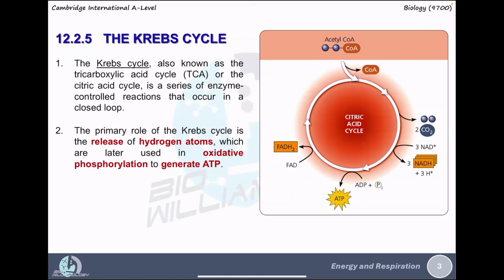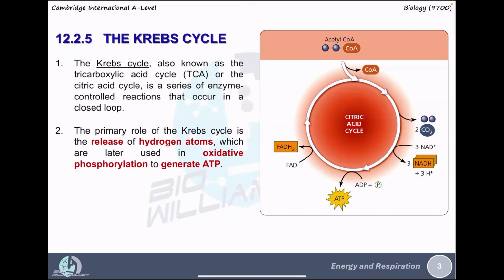Generally, the Krebs cycle occurs in the mitochondrial matrix, where acetyl coenzyme A shuttles the acetyl group into the Krebs cycle. Through a series of reactions, hydrogen atoms are harvested, and they are very important for oxidative phosphorylation.